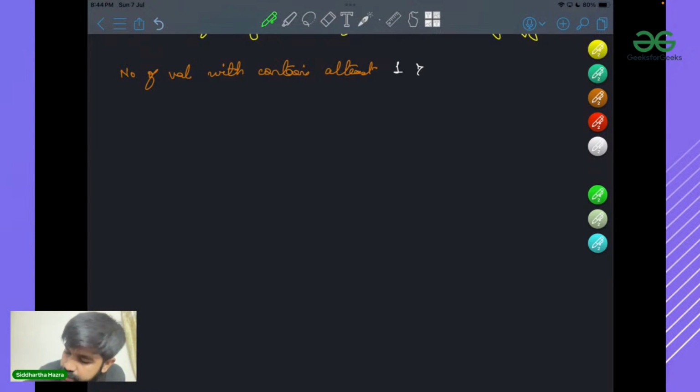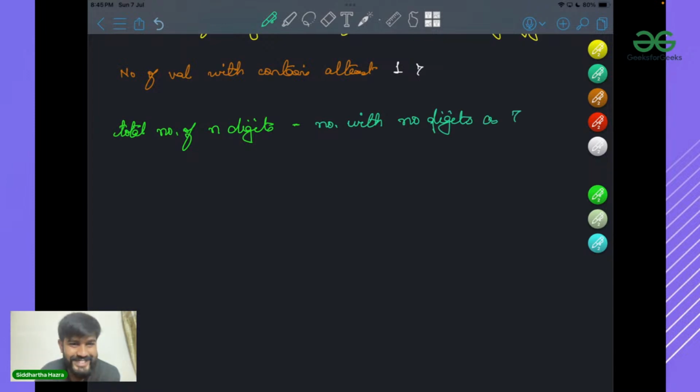So what I can simply do is total number of n digit numbers, and subtract the numbers with no digit as 7. Fair enough? So now even if the n is large enough, we just need to do one subtraction. One simple subtraction would solve the issue.